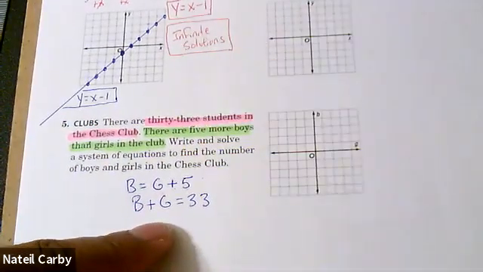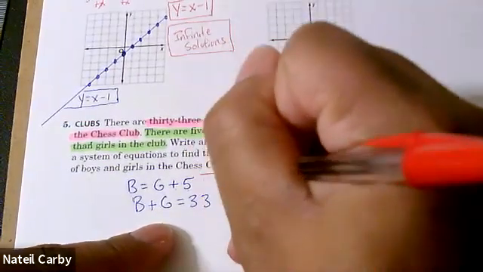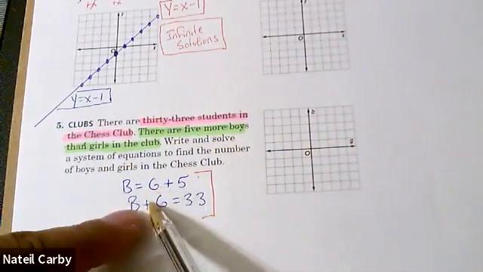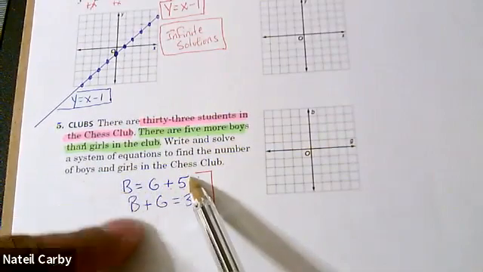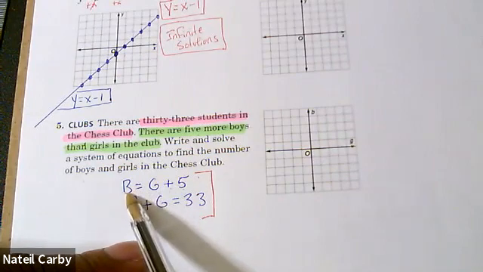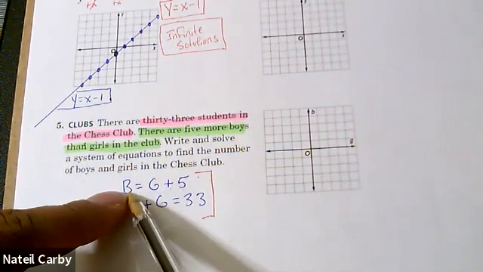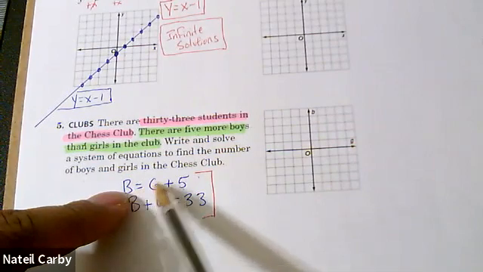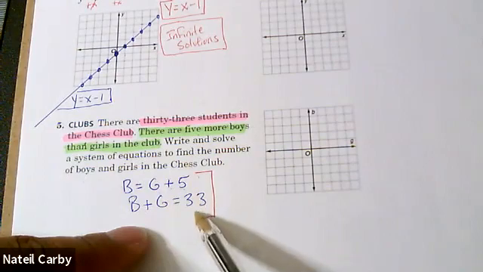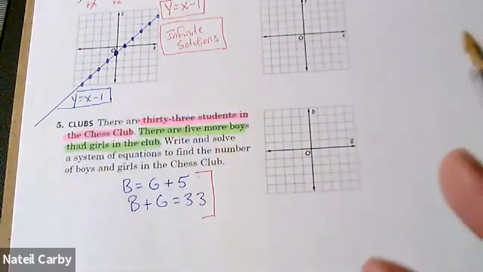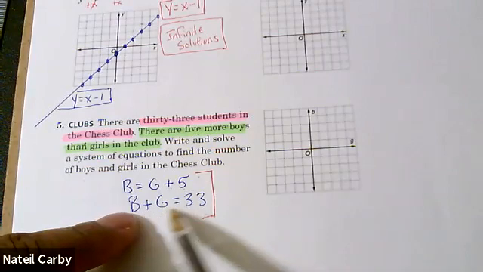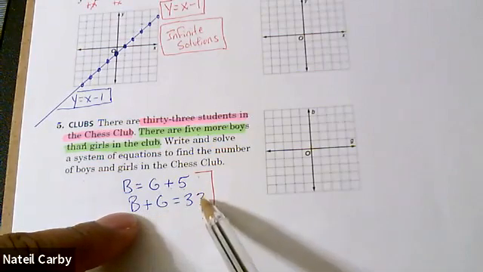All right, now we're doing something. Both of these are not in slope intercept form. The first one is, because I've solved for B. And you can replace B with Y. So Y equals X plus 5. And then Y plus X equals 33, if that's what you want to do. I need to change this bottom one into slope intercept form.